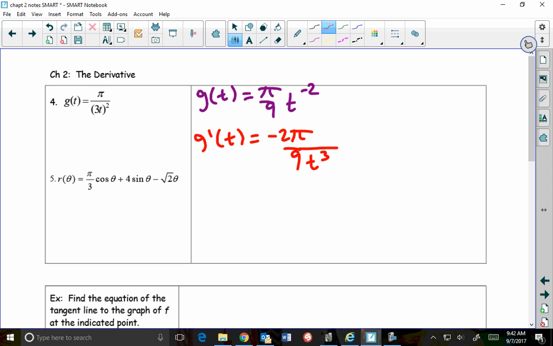Don't write what I write. That's the worst thing you can do. We distribute the negative to bottom and top, right? Just the top. So I bring my 2 down, subtract 1, so I'm at -3. Just the numerator, so that I can bring the exponent, like I can bring the t down.